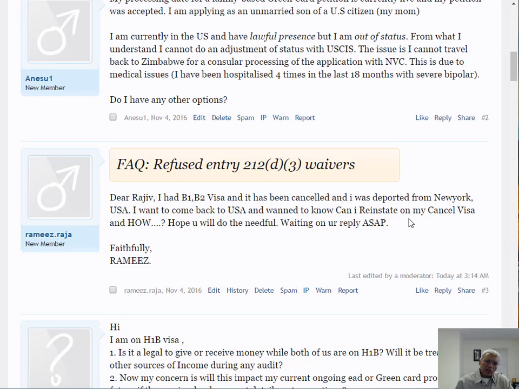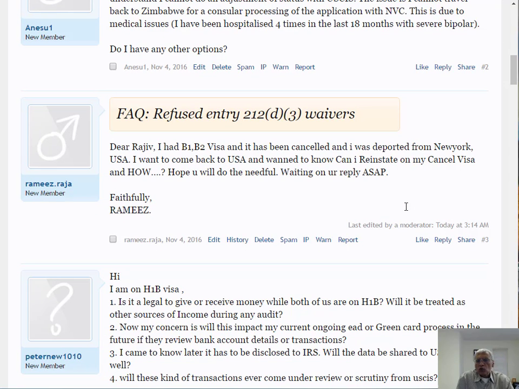The first one in that genre is a 212(d)(3) waiver. What is a 212(d)(3) waiver? A 212(d)(3) waiver is a waiver from any problem in your background. Pretty much anything that has happened that causes you not to be able to get a non-immigrant visa.